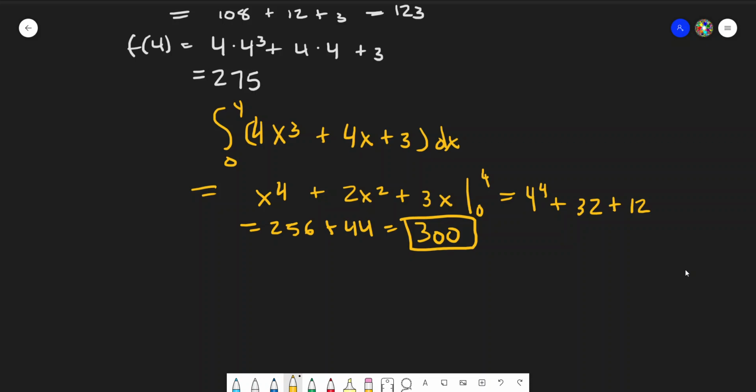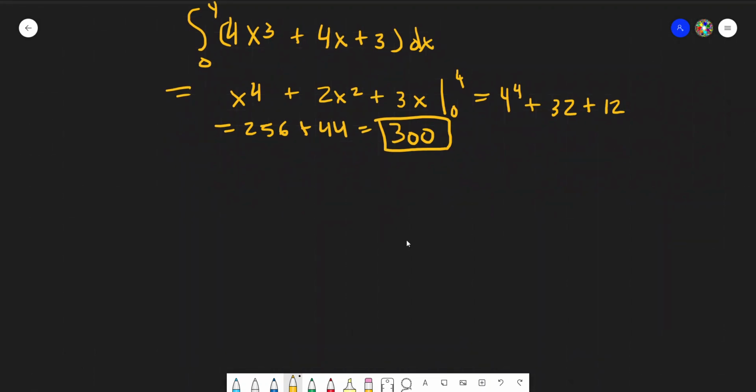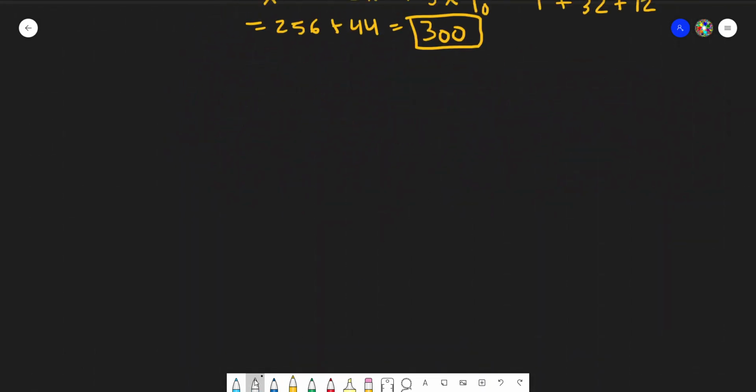What if you had a question where you wanted to find the surface area generated by the function y equals 2x squared, from 0 to 3?